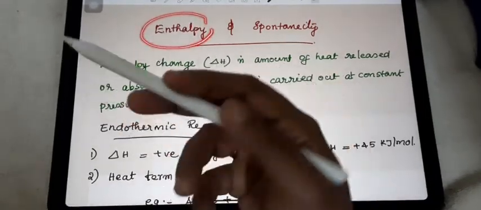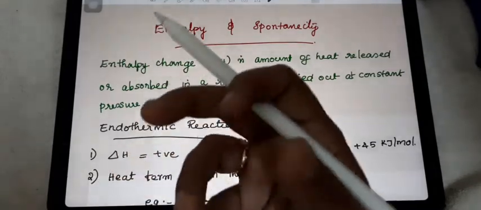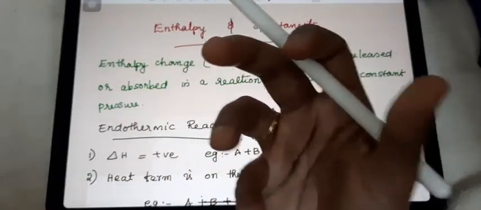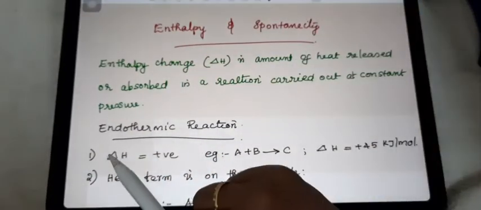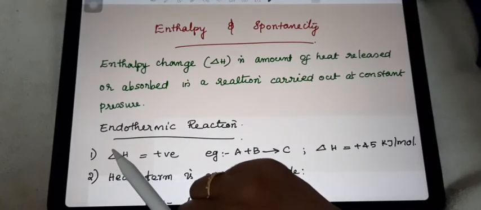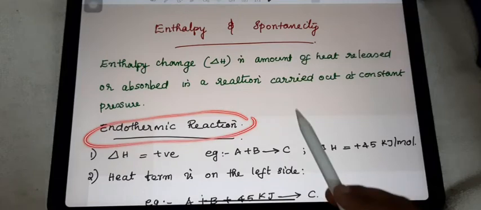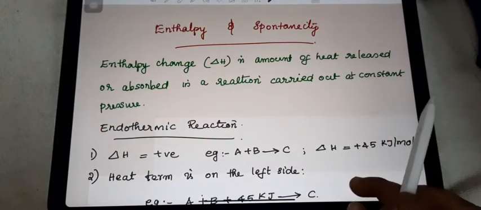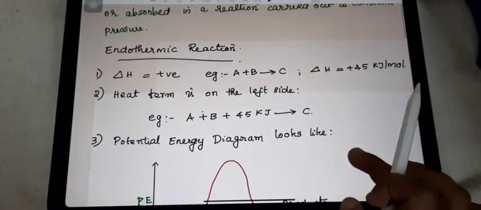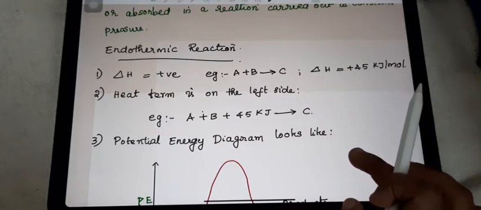Enthalpy is an energy. What energy change happens when a chemical reaction occurs? Mainly we know two types of chemical reactions, endothermic and exothermic reactions. We will discuss them one by one and state the enthalpy change in each case first.